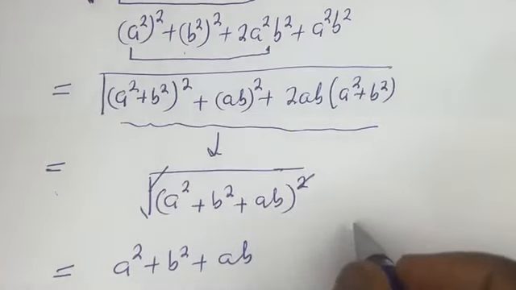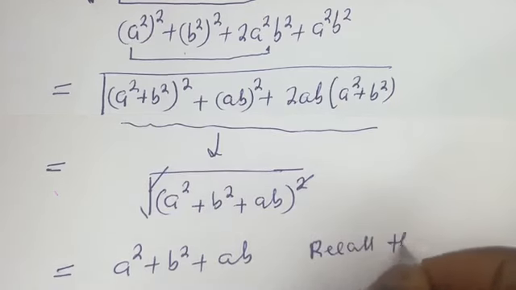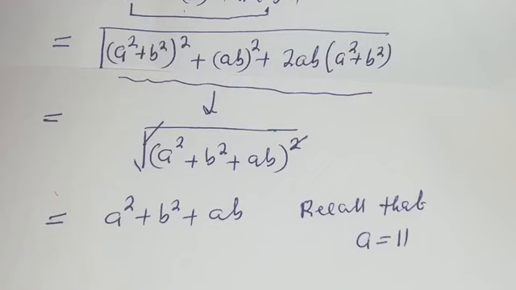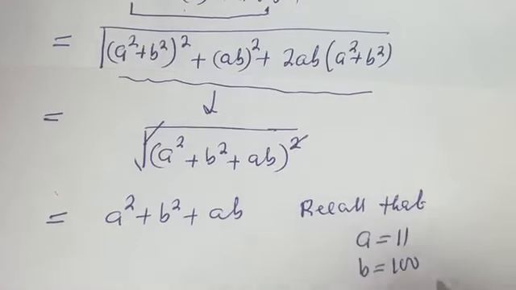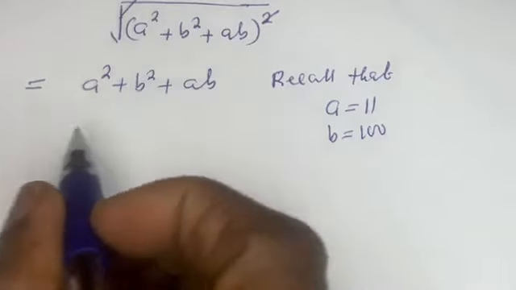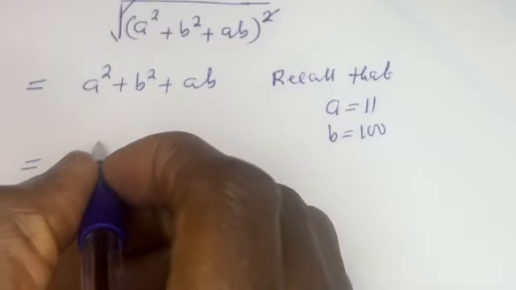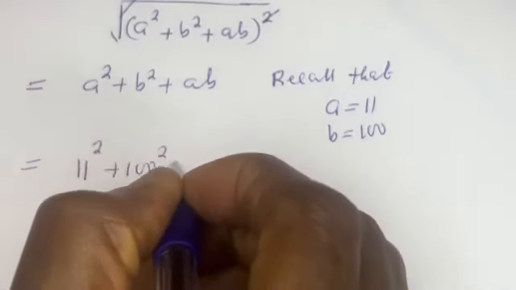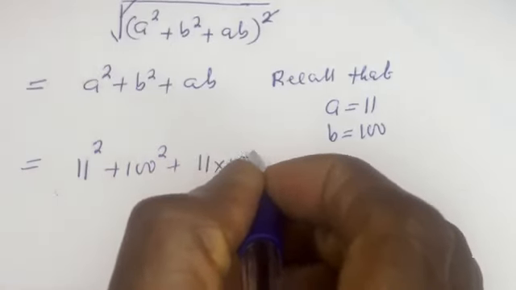Recall that A is equal to 11, then B is equal to 100. Then this is equal to 11 square plus 100 square plus 11 multiplied by 100.